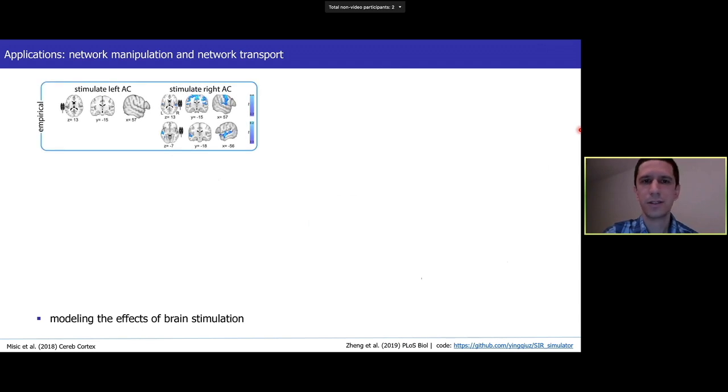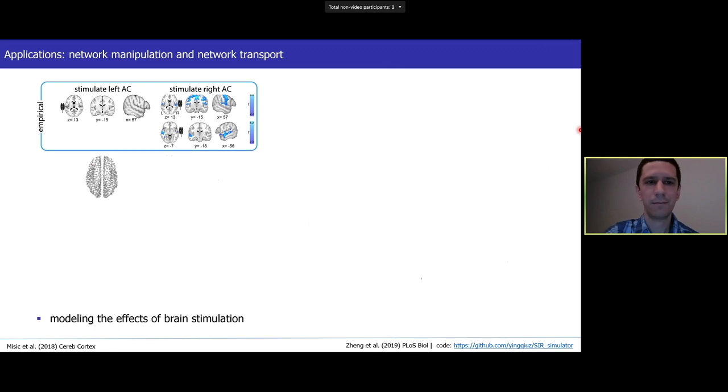So brain stimulation, such as transcranial stimulation, for instance, and more invasive deep brain stimulation, is increasingly used to treat many different types of diseases and to enhance cognitive performance. We know that it works, but we don't know how. What we do know is that if you stimulate a particular area, you're not going to stimulate just that area, you're going to stimulate the areas that it's connected with and the areas that they're connected to. So the architecture of the network is going to condition the effect of that perturbation.